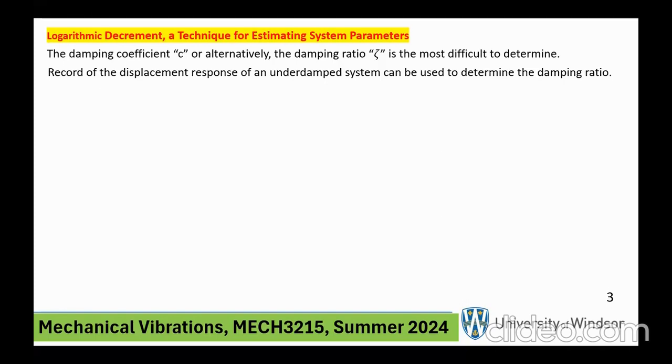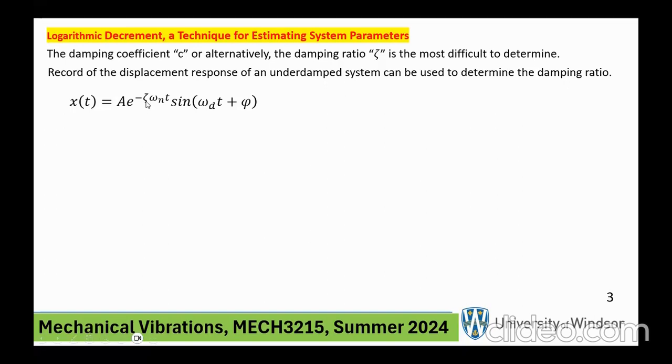We have discussed this about a week ago. And suppose you use an accelerometer to find the position of the point that you're making measurements at as a function of time, the displacement as a function of time. Okay? Out of that curve, we are going to estimate somehow this value of zeta.